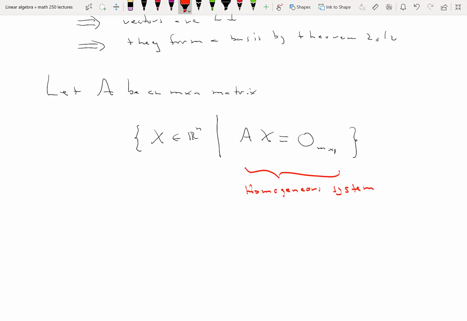We have a very special name for this set. This set is called the null space, N-U-L-L-S-P-A-C-E, null space of the matrix A.